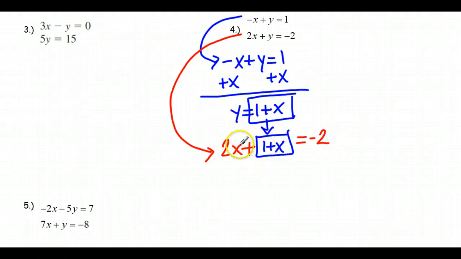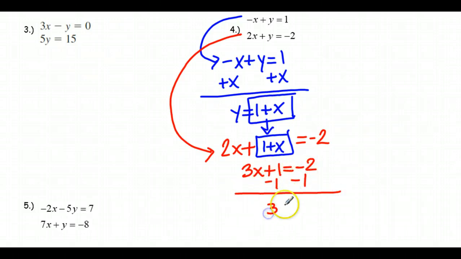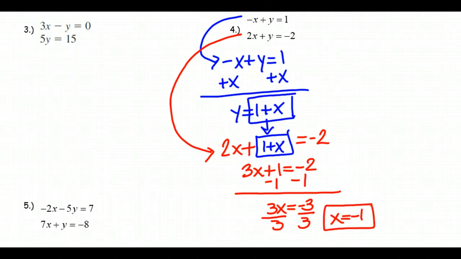So we're going to simplify this. 2x plus x is 3x plus 1 equals negative 2. Subtract 1 from both sides. 3x equals negative 3. Divide both sides by 3, and we get that x equals negative 1. Now that we know that x equals negative 1, I'm going to go back to the equation where y was by itself.